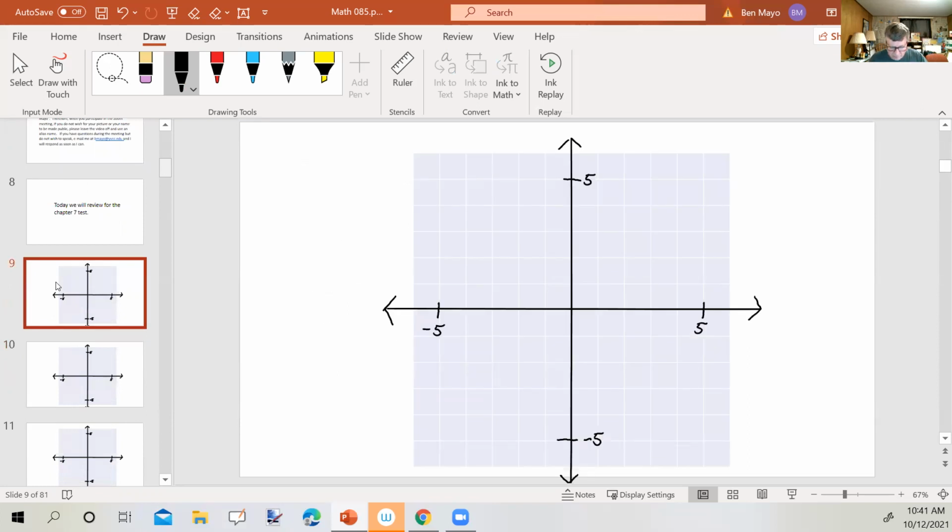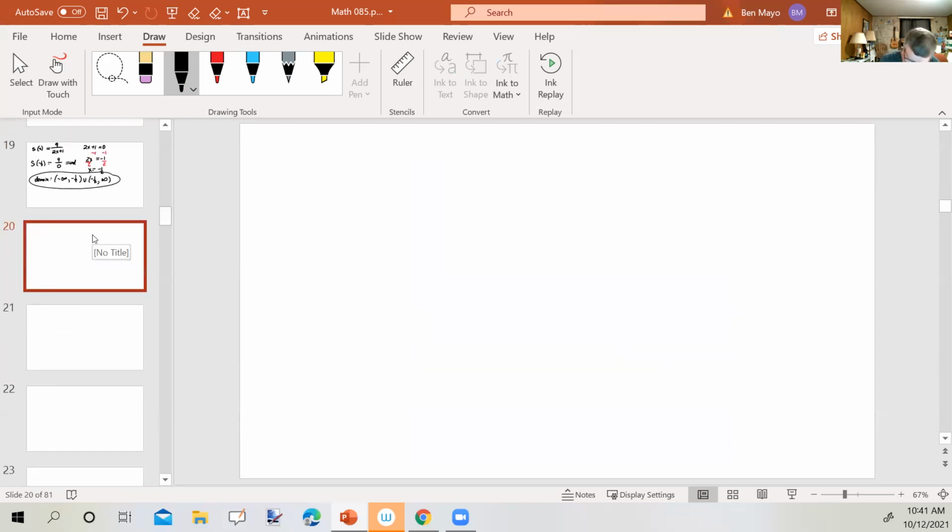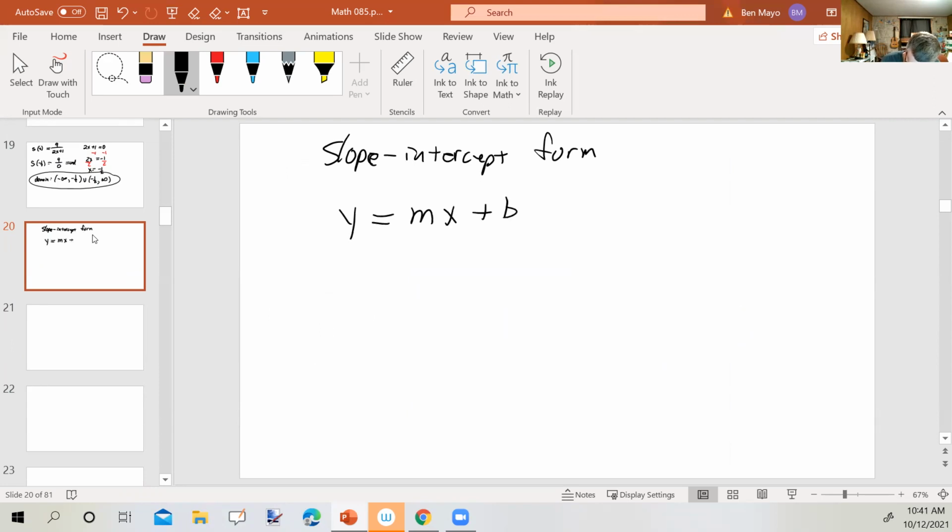And we're going to review, actually, before we do that, let's review the whole idea of slope-intercept form, which is y equals mx plus b.